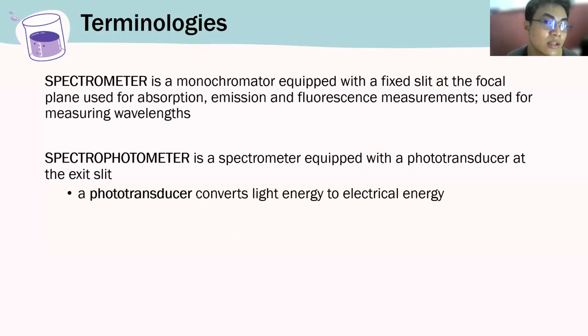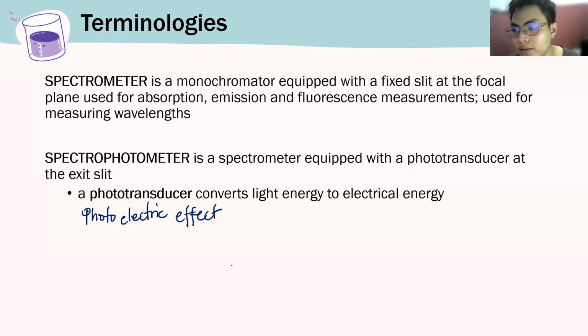Hindi siya nanalo dahil sa special relativity or sa black hole. Nanalo siya dahil sa phototransducers, or photoelectric effect. Photoelectric effect. So, in the phototransducer, dito nangyayari yung photoelectric effect.